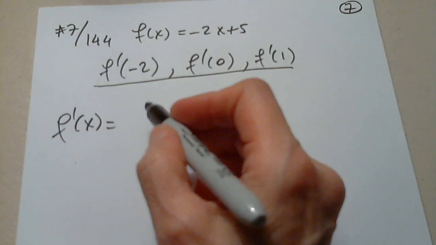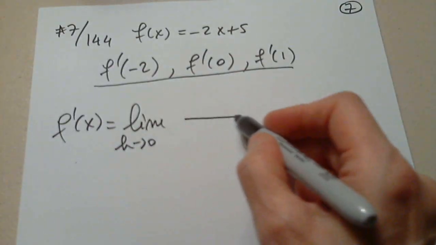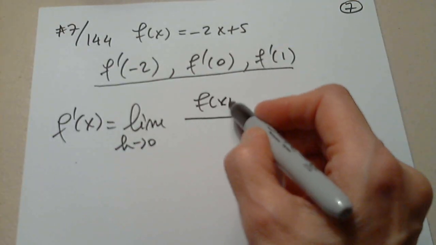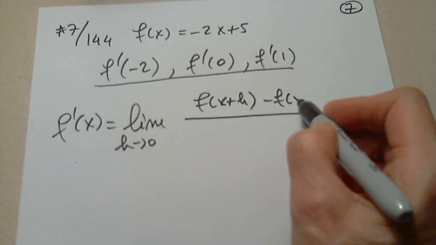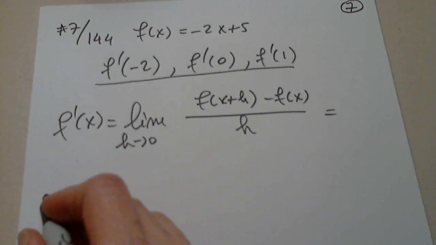F prime of x equals the limit as h approaches 0 of f of x plus h minus f of x divided by h. So we are back to where we were 3 weeks ago, finding the difference quotient, but now I have to put this operator in front of it. Okay, so let's do that.